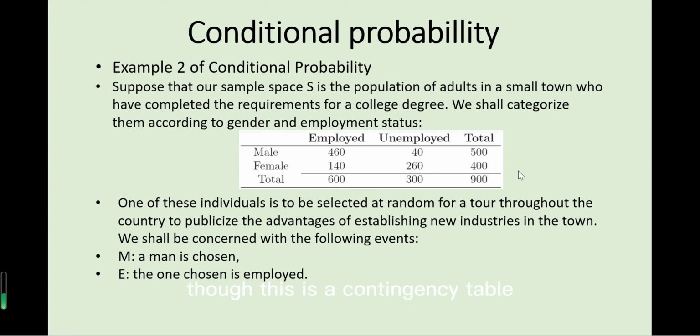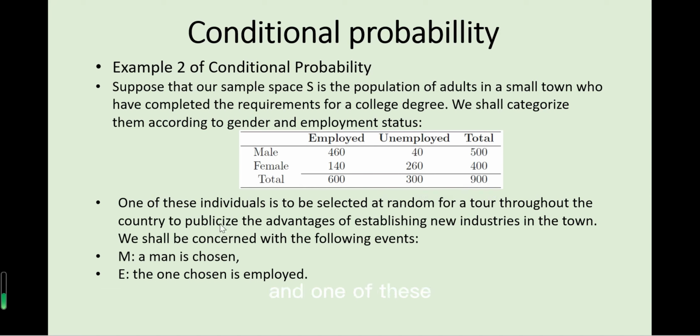This is a contingency table with the rows for gender, male and female, and the columns for job status, employed and unemployed, with the cells representing the counts for each category, along with the marginal totals for the columns and rows, and the total count.